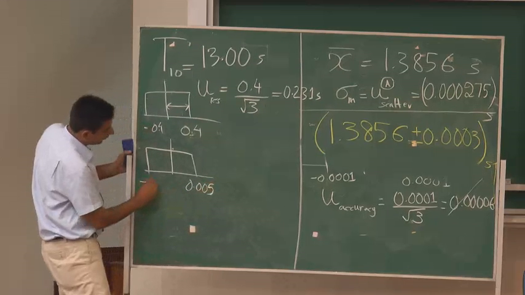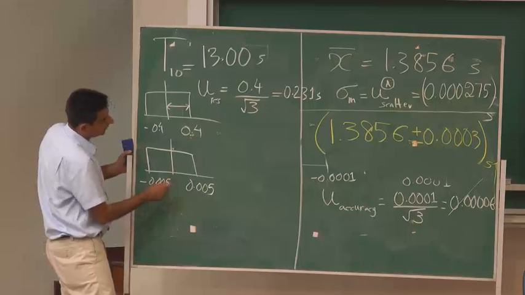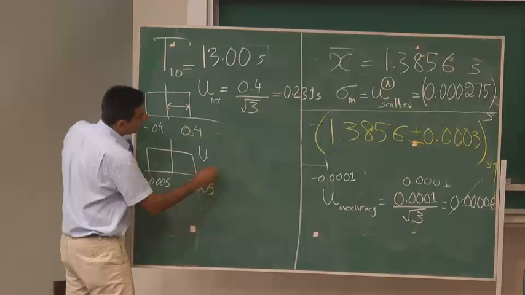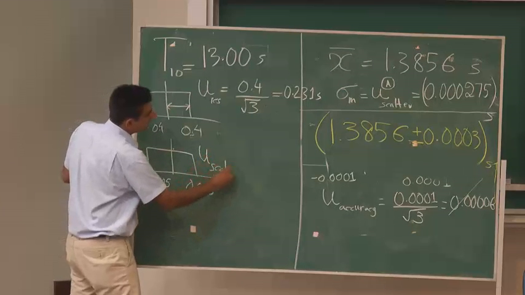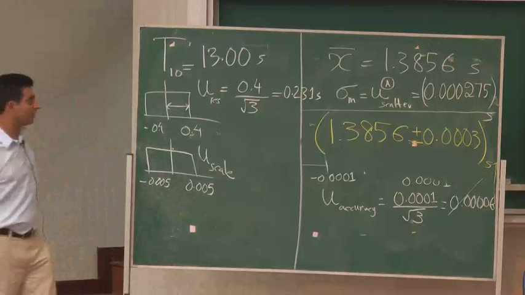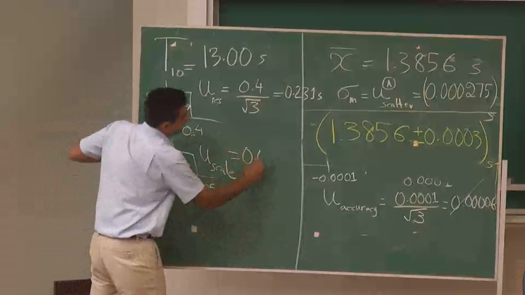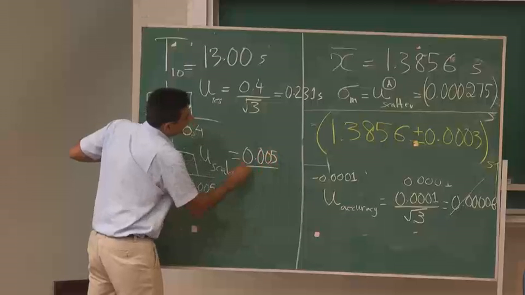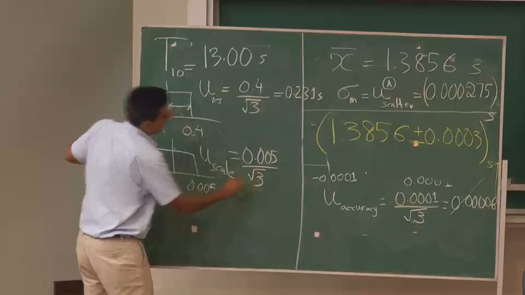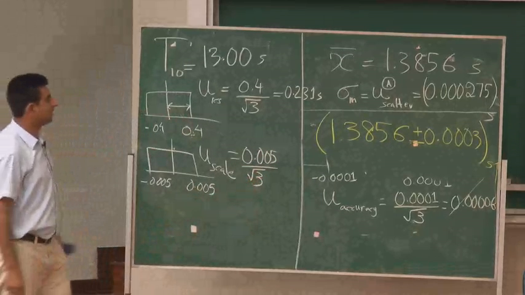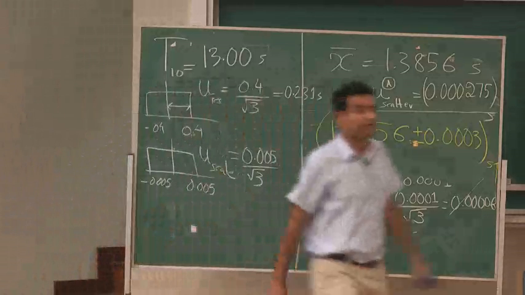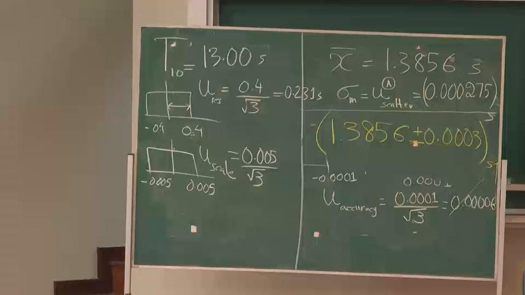This is minus 0.005. So this U associated with the scale comes out from a uniform probability distribution again. This is this interval, which is 0.005 divided by under root 3. Whatever this value is, it's going to be really small. So I take 0.005 divided by square root of 3.